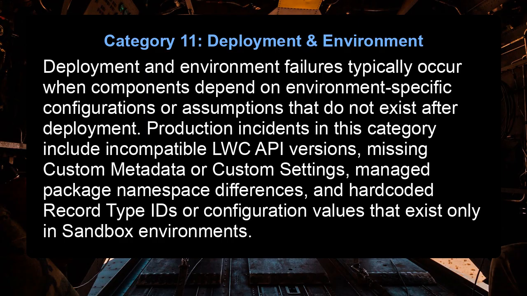Deployment and environment failures typically occur when components depend on environment-specific configurations or assumptions that do not exist after deployment. Production incidents in this category include incompatible LWC API versions, missing custom metadata or custom settings, managed package namespace differences, and hard-coded record type IDs or configuration values that exist only in sandbox environments.